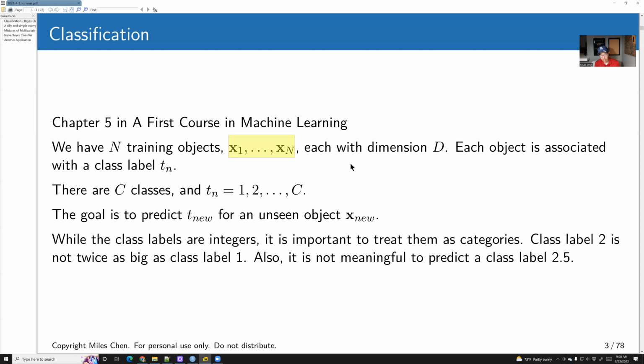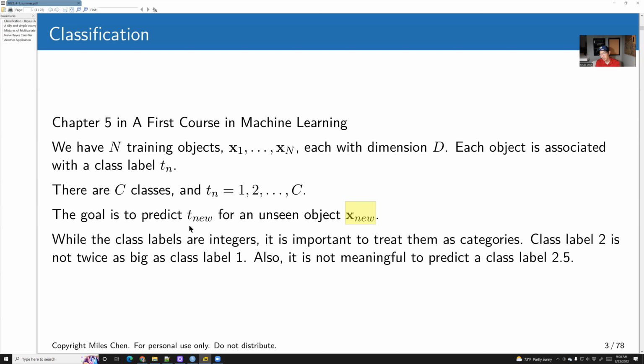And then the goal is, if we get a new observation where the class perhaps isn't provided to us, we want to be able to predict it. So we say, okay, here's a new flower, and we measured its petals, and it's 4.6, and its petal width is this and that, and its sepal length is this, and its sepal width is that.